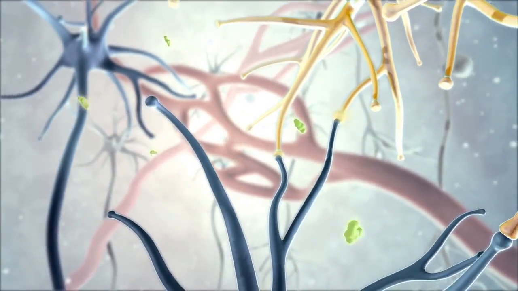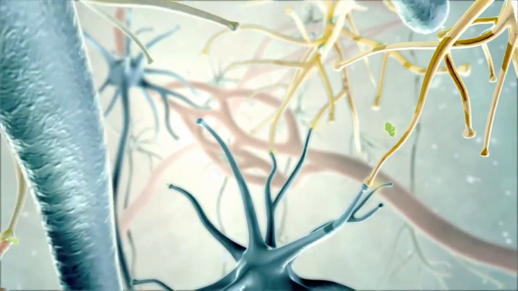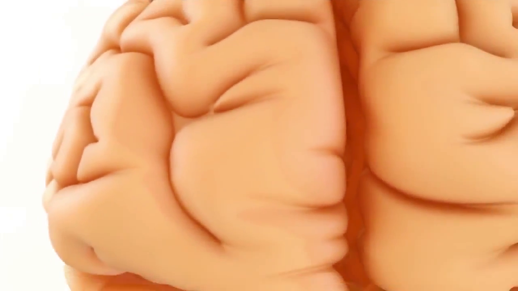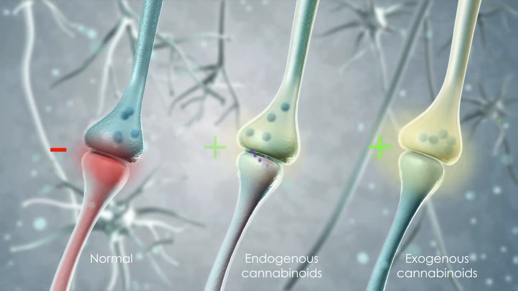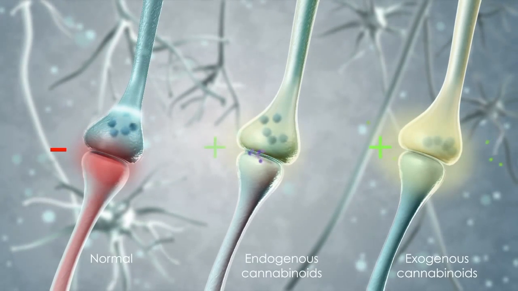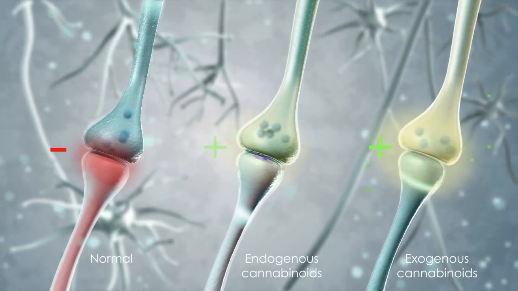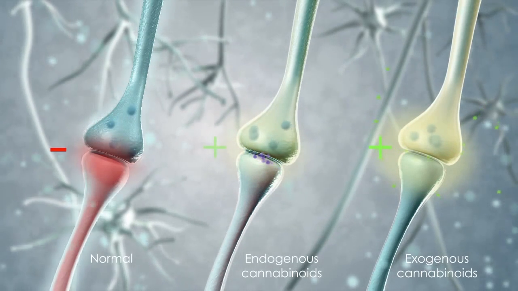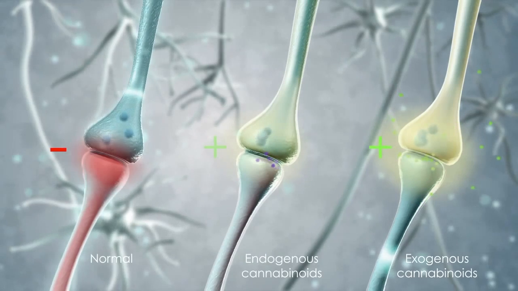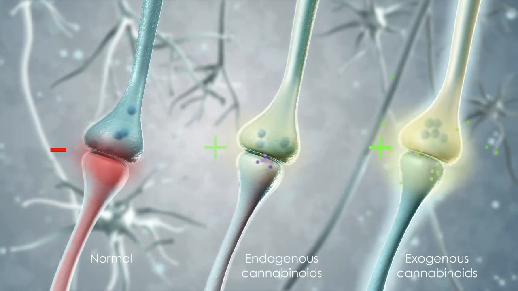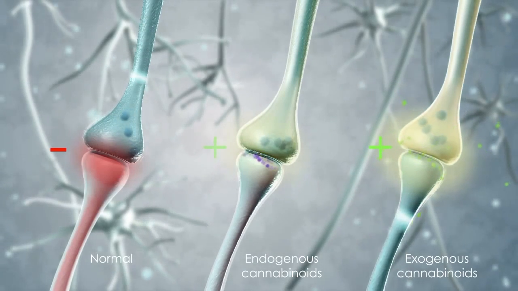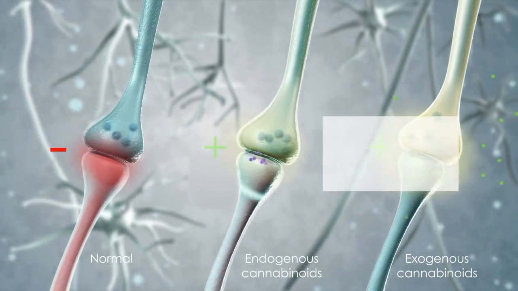Exogenous cannabinoids exert their modulatory effects upon the abundant cannabinoid receptors distributed throughout the CNS. The effects of cannabinoids may be illustrated by comparing three neuronal synapses showing normal pain transmission, the influence of endogenous cannabinoids, and the influence of exogenous cannabinoid administration.